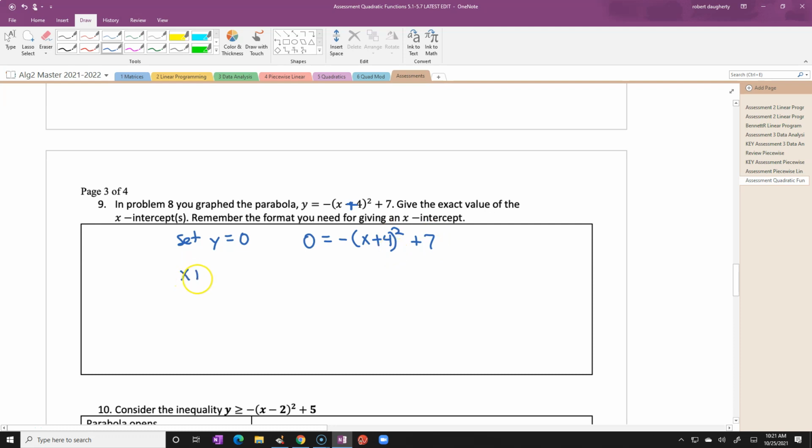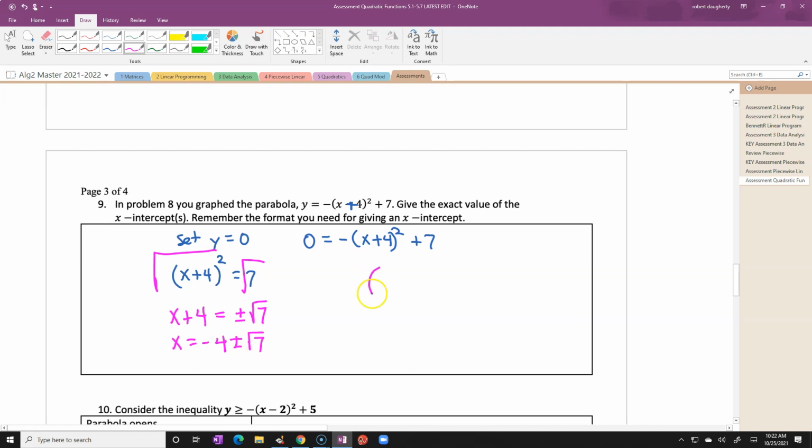This means that x plus 4 squared is equal to 7. You take the square root of both sides of this equation. That will give me x plus 4 is equal to plus or minus the square root of 7. X is equal to minus 4 plus or minus the square root of 7.